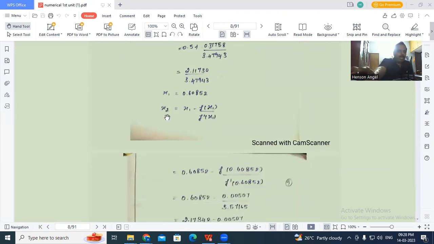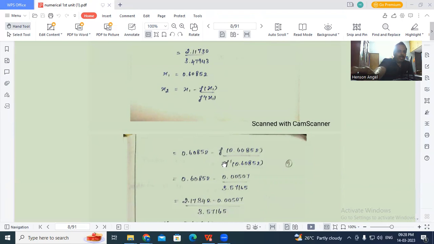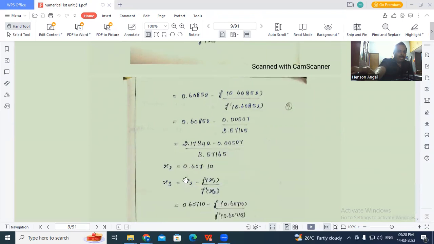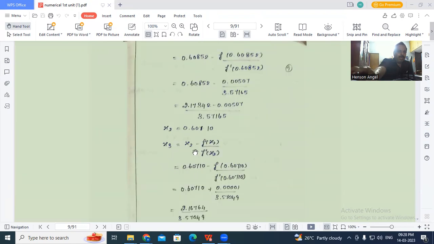So similarly we calculate the second approximation x2 equal to x1 minus f of x1 by f dash of x1. To find x2 we need x1 value. So x1 value is substituted in this expression and it is to be simplified. Then we get the answer x2 equal to 0.60710. Similarly we calculate x3 value. x3 equal to x2 minus f of x2 by f dash of x2.